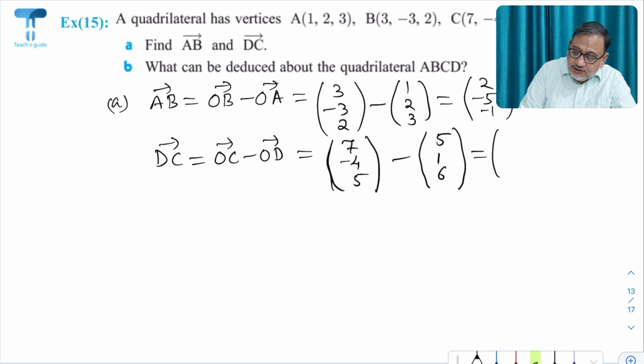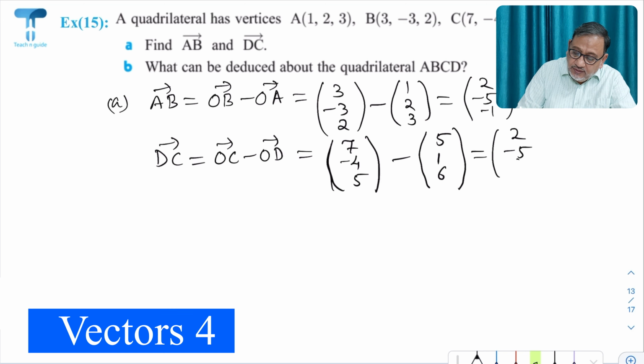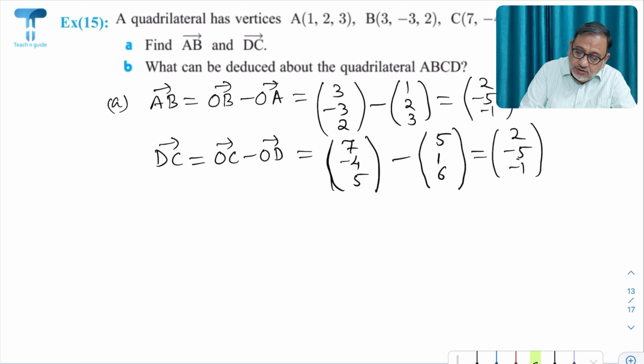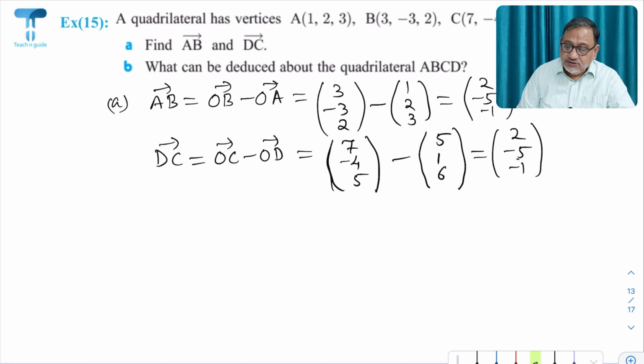So this will be (7 minus 5, -4 minus 1, 5 minus 6), that is (2, -5, -1). So we got both the vectors.